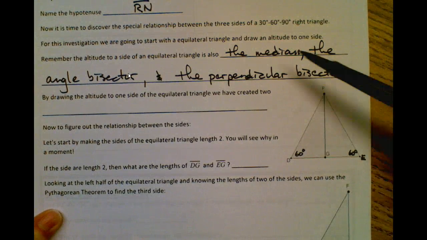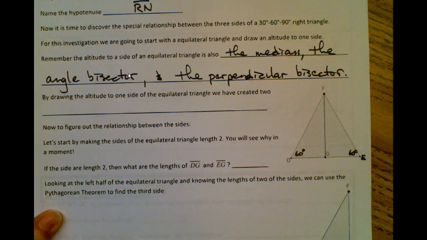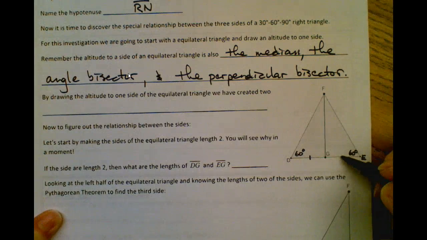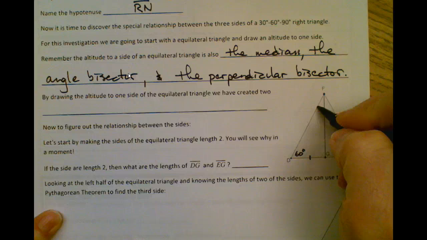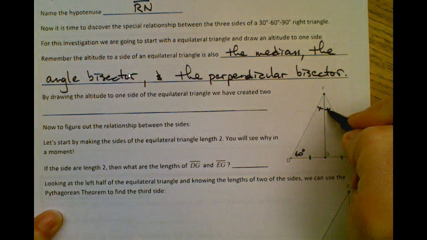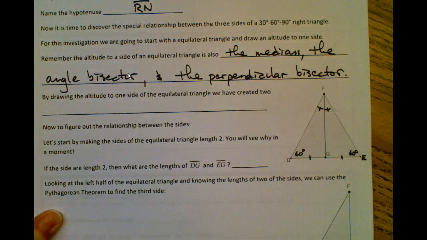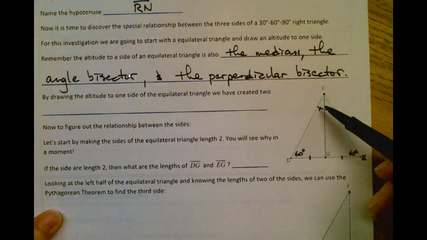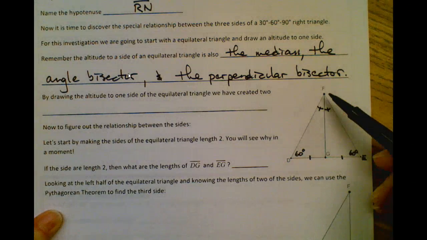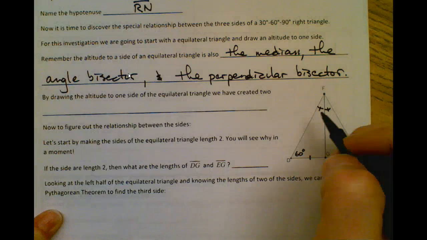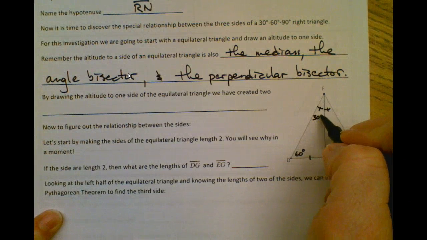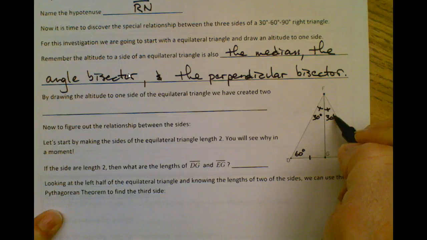Okay, so knowing that it's all of these things, I know that these two segments have to be congruent, and I know that these two angles up here have to be congruent. And if I know that this angle up at the top is 60, and I know that this altitude is also the angle bisector, I know that this is going to be 30 degrees, and this is going to be 30 degrees.